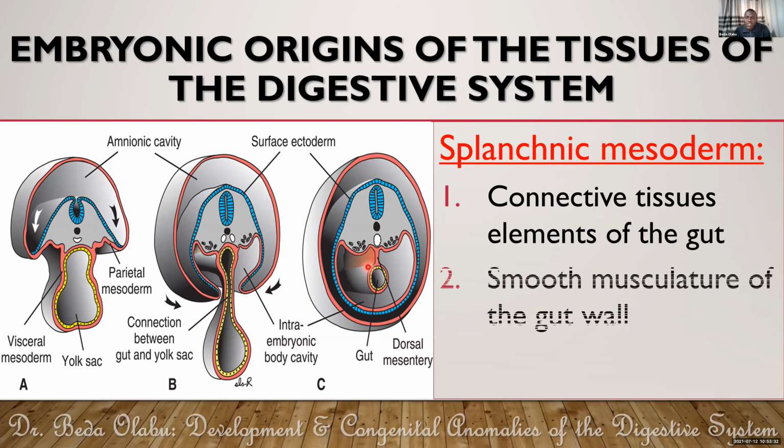Apart from the connective tissue elements, splanchnic mesoderm also gives rise to the musculature of the gut wall, the smooth muscles of the gut wall. So remember, the muscular layer of the gut wall is predominantly formed of inner circular layer of muscles and outer longitudinal layer of muscles. Those layers of muscles arise from splanchnic mesoderm.